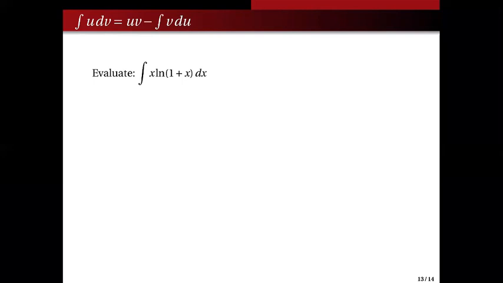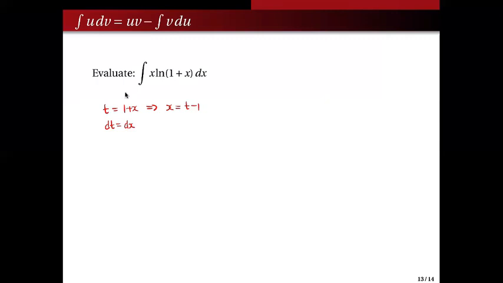For the substitution, we can let t be equal to 1 plus x, so dt equals dx. But here we have an x. Your x is simply t minus 1. You just bring this 1 to the other side of the equation.